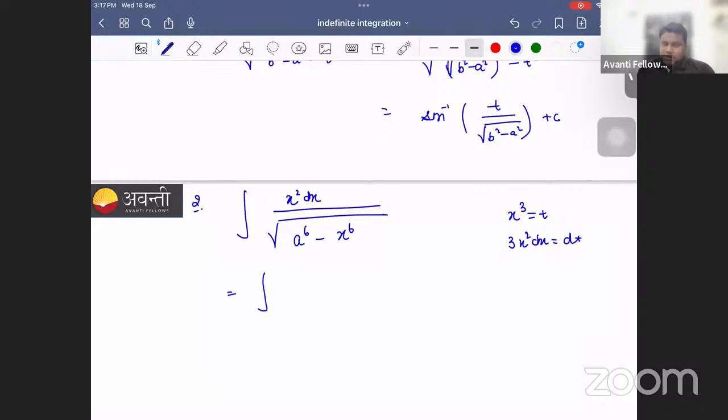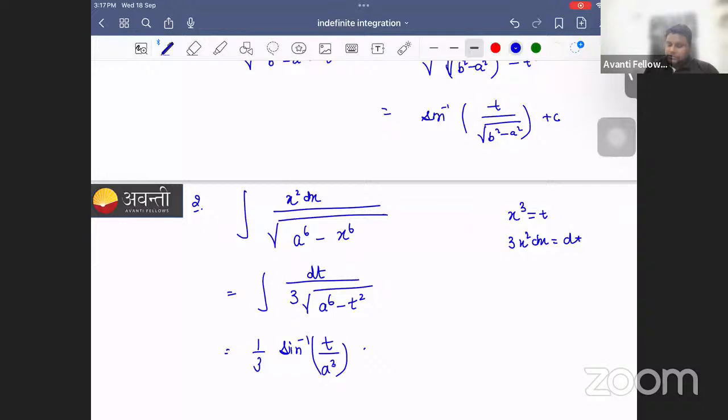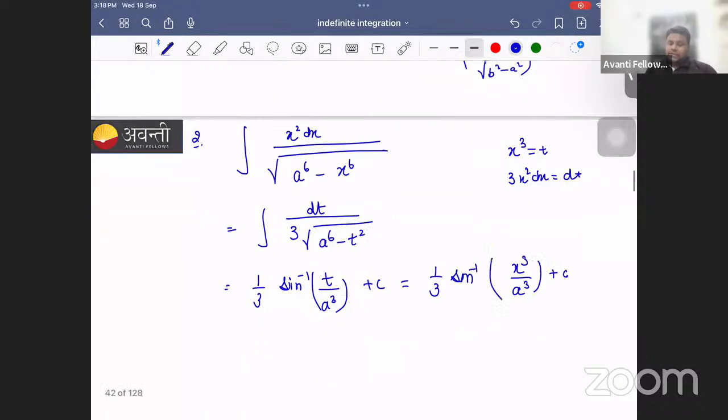So this x square dx I replace by dt upon 3, and inside the root a to the power 6 minus t square. Am I clear? This is again going sine inverse formula. So it is sine inverse of t upon a to the power 3 plus constant. And t you can replace finally by x cube. So it is 1 by 3 sine inverse of x cube upon a cube plus constant. Easy?